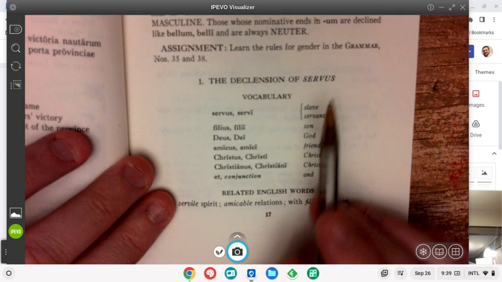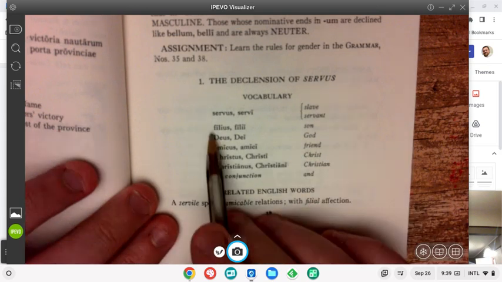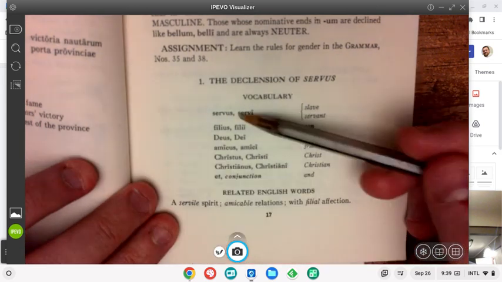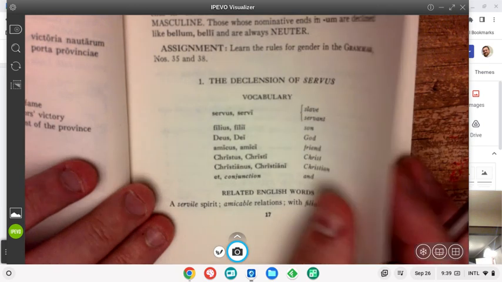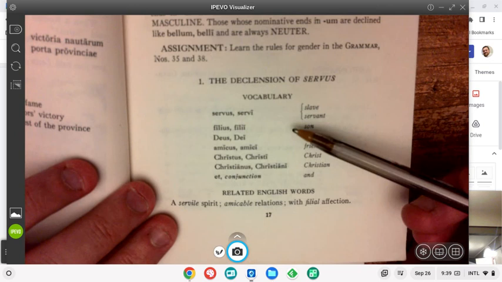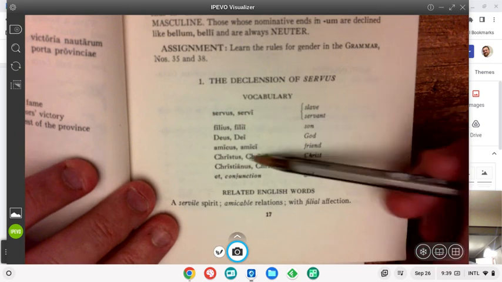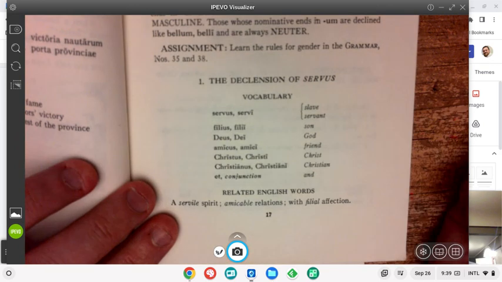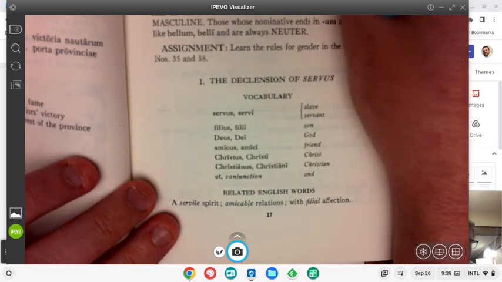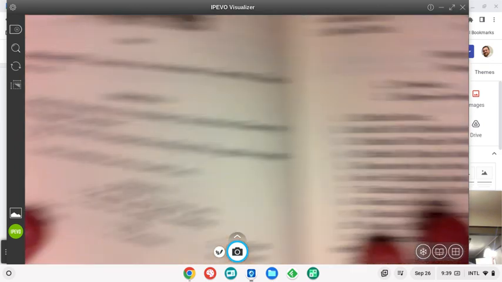Servus is our model word, and these are a bunch of words that work like servus. And so we're using these words, but we're putting all of those different endings, us, e, o, e, orum, is, os, is, on these various words here. And so one is being given to you at a time here.